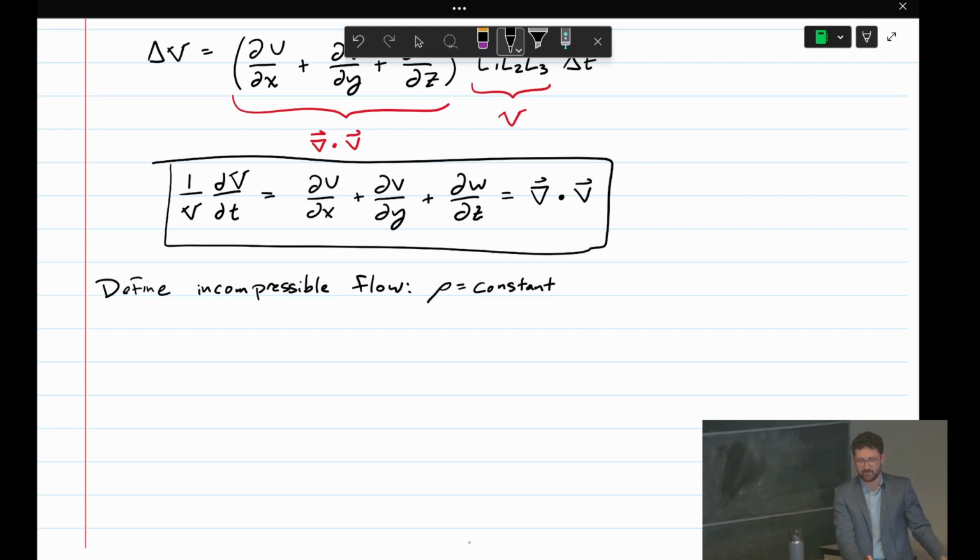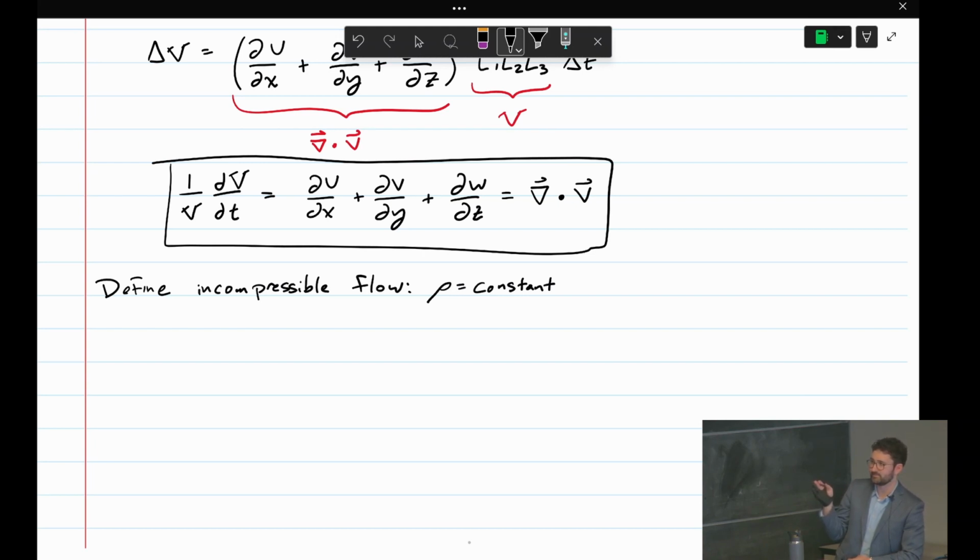In an incompressible flow, we have a constant density. And that means that since density is mass over volume, if the density is constant throughout your flow, you basically have a one-to-one relationship between mass and volume. Volume is mass, all you do is multiply by a scalar. That doesn't change. So this is kind of like a mass strain rate now, or conservation of mass.